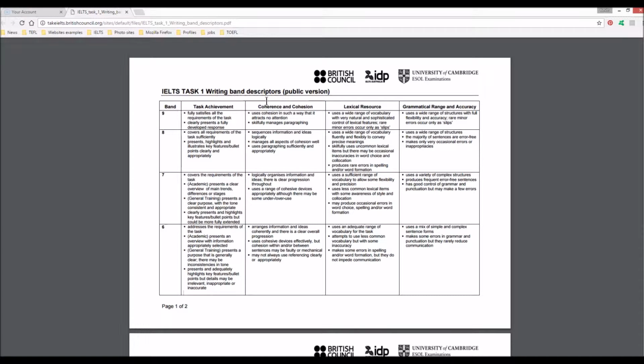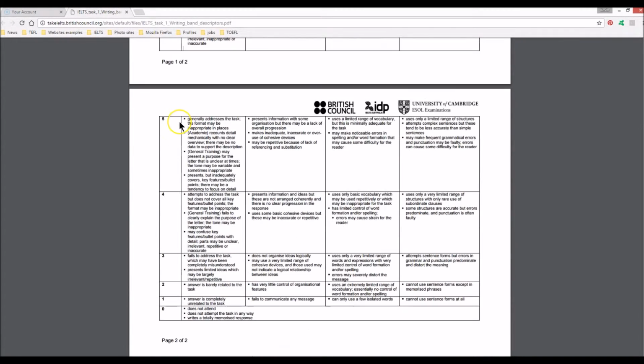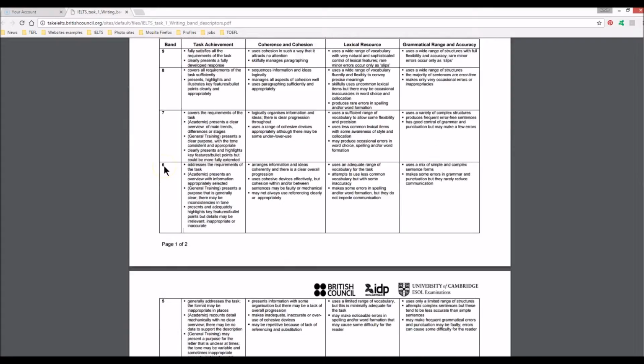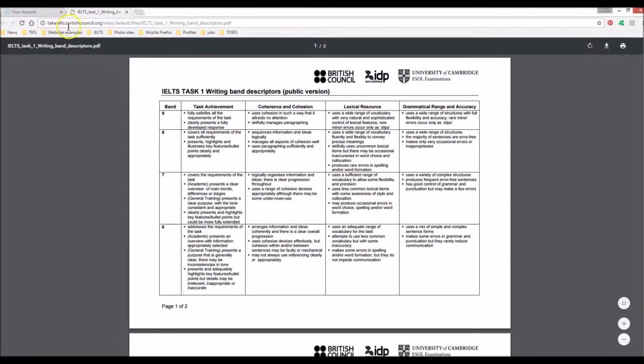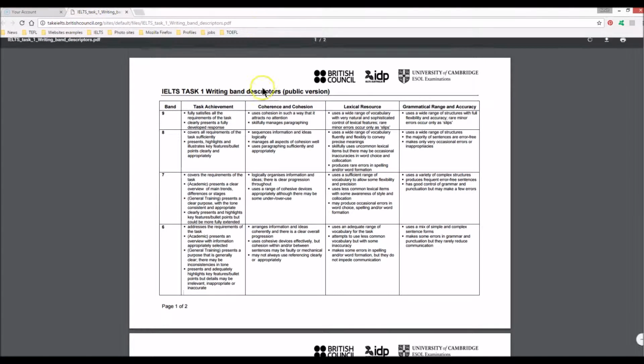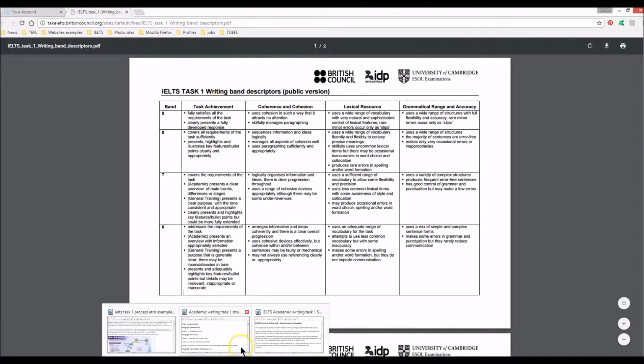It should be in every book. So I won't say anything further about that because I've mentioned it before in other videos and posts, and you can find it here on the British Council site, takeielts.britishcouncil.org.